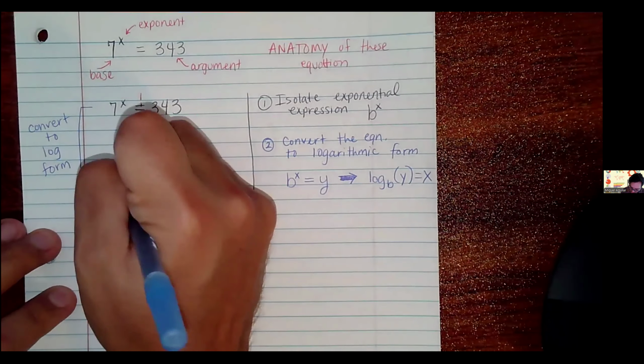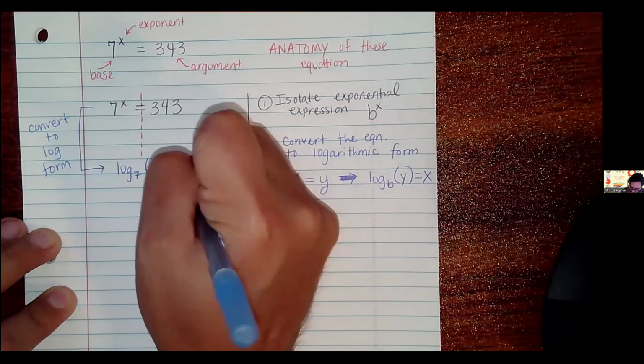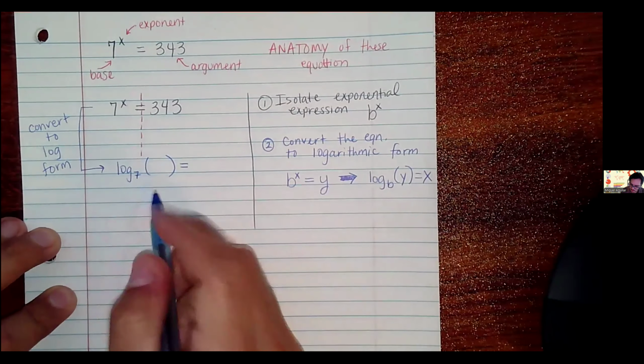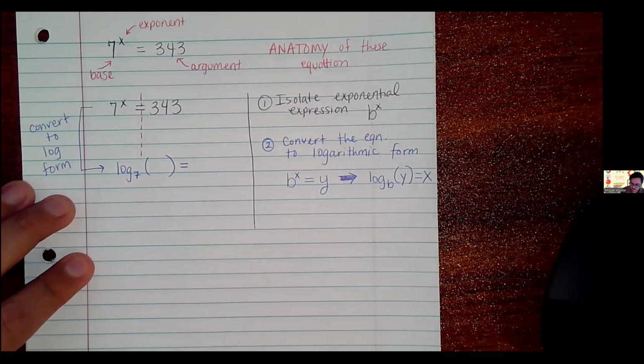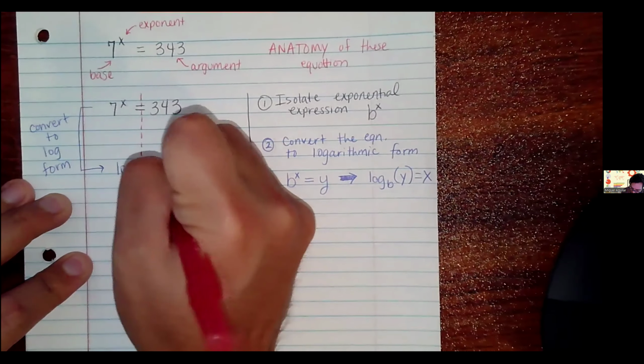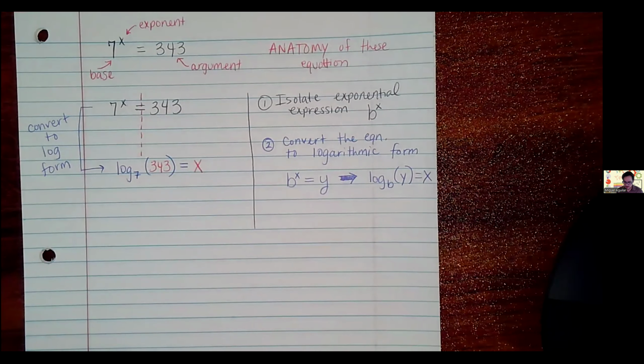Okay. So we're going to write log base 7, open some parentheses, put our equal sign, and then what goes inside the parentheses, what goes on the other side of the equal sign? 343 goes in the parentheses and x goes on the other side of the equal sign. That's perfect.